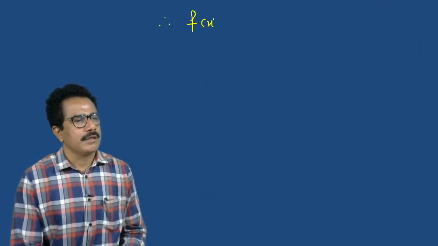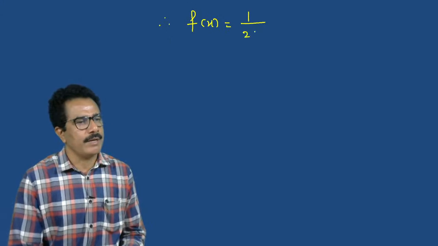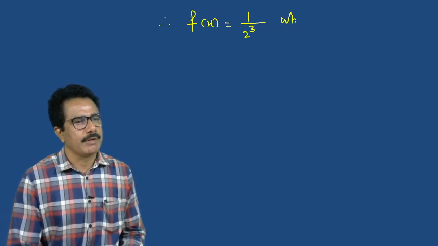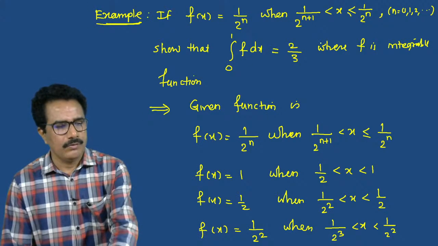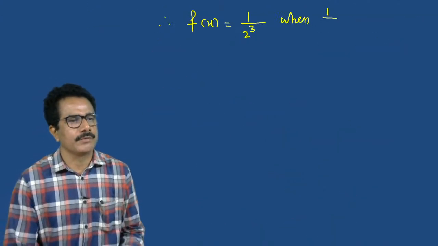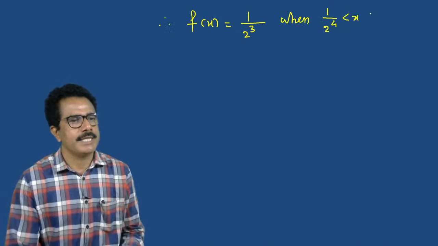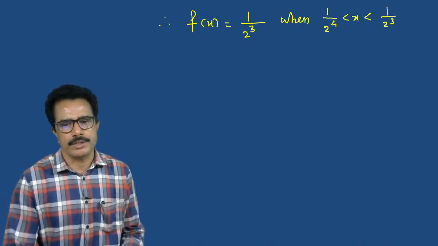Again we can write f of x is equal to 1 upon 2 raised to 3 when 1 upon 2 raised to 4 is less than x is less than 1 upon 2 raised to 3.